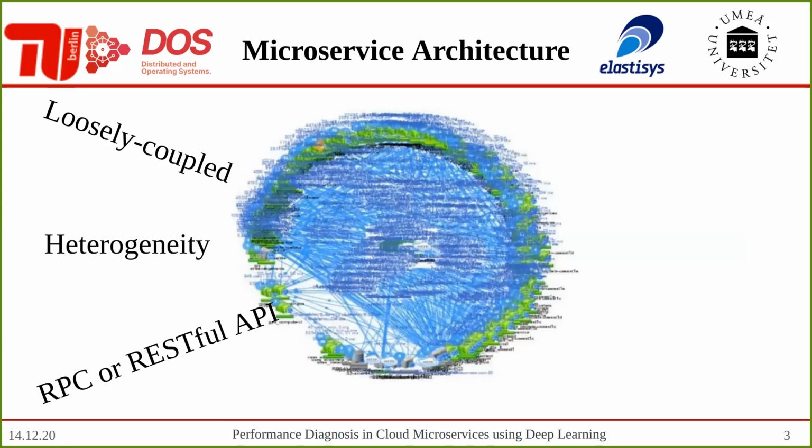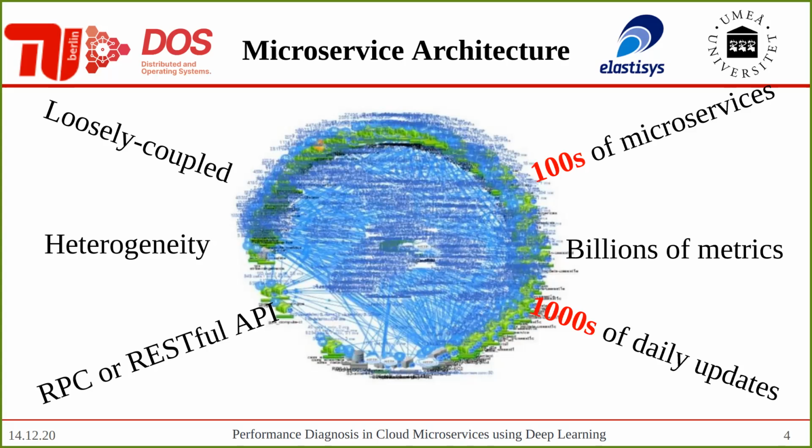The application is very huge, consisting of hundreds or thousands of microservices exposing billions of metrics. To meet the customers' requirements, it is frequently updated, with thousands of daily updates. So as we can see, a microservice system is quite dynamic and quite complex.